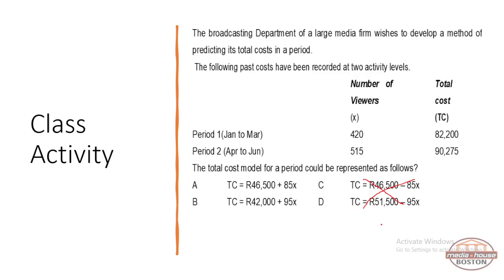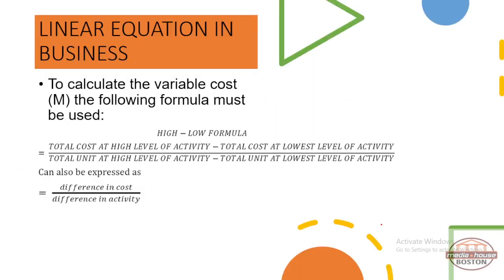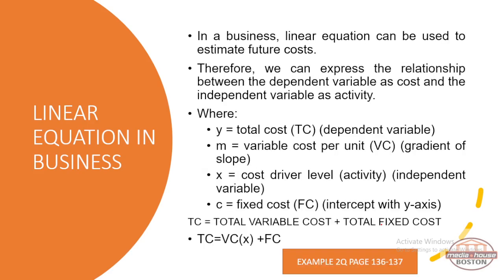And if you remember on our formula, y equals to mx plus c, everything here is positive. Even if we start with FC, which they did there, FC plus Vx, not FC minus, everything will still be positive. So nothing here is negative.